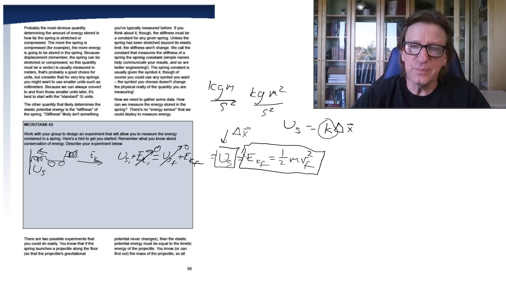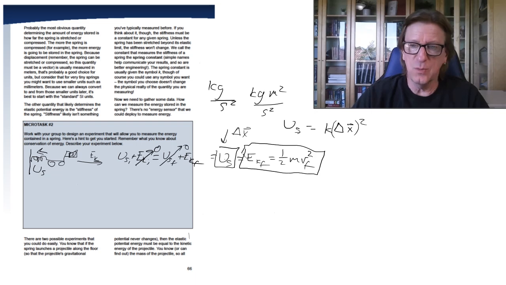So if I've got it the way I've got it right here, I honestly cannot tell what that expression is going to be. So for example, what if this were actually squared maybe? Then now I've got meters squared, and so K is just going to be kilograms divided by second squared, times a meter squared is going to give me that.